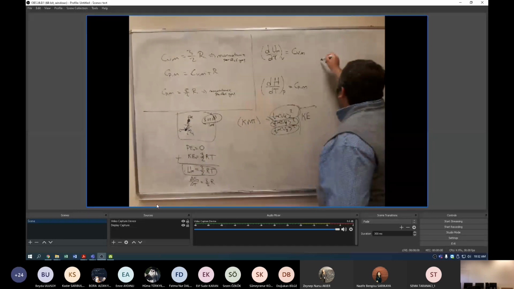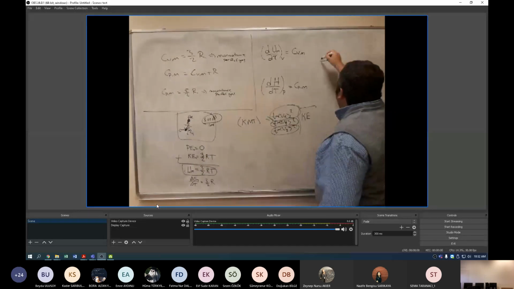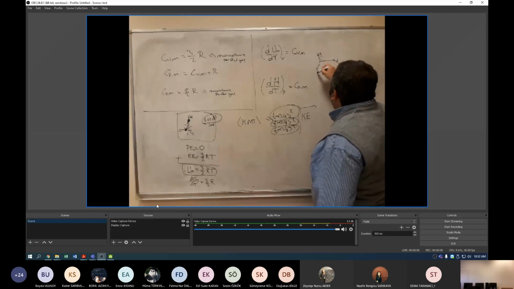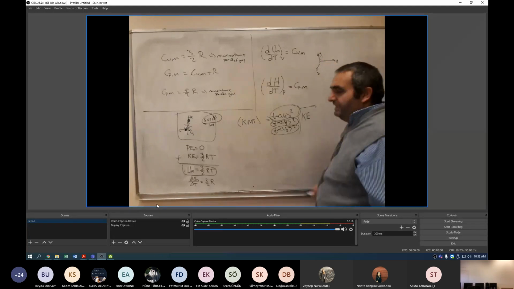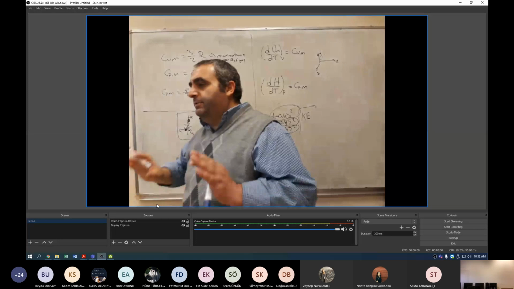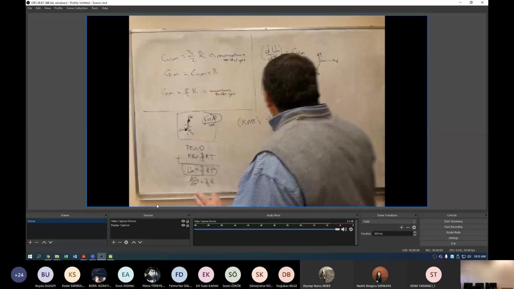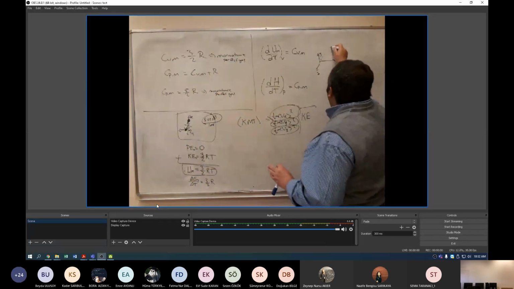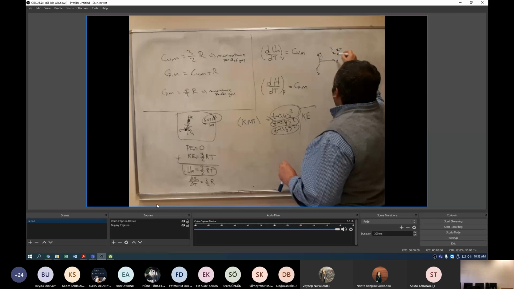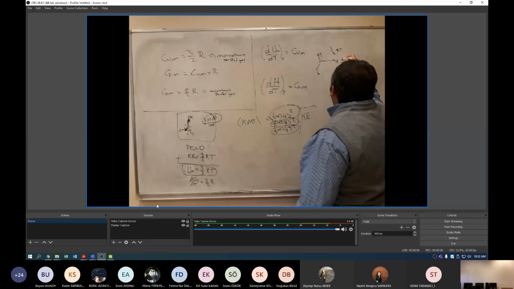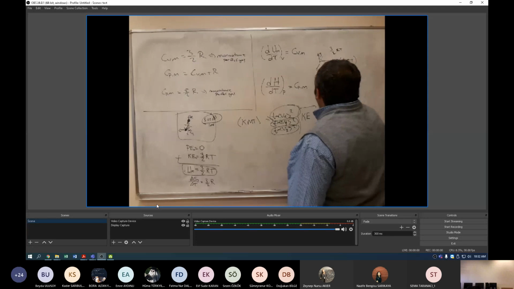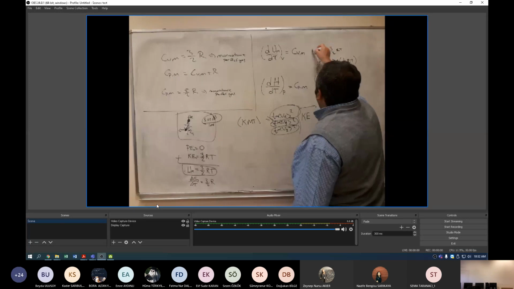If I say x, y, and z have the same exact energy distribution, then I have to divide into 3 parts. So this has to be 1/2 RT, this has to be 1/2 RT, and this has to be 1/2 RT. Okay?